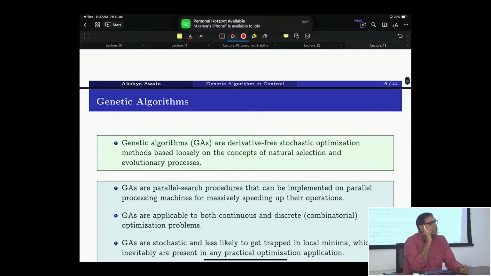Genetic algorithm is a derivative-free optimization algorithm. So what it does, it has got some way to do it.